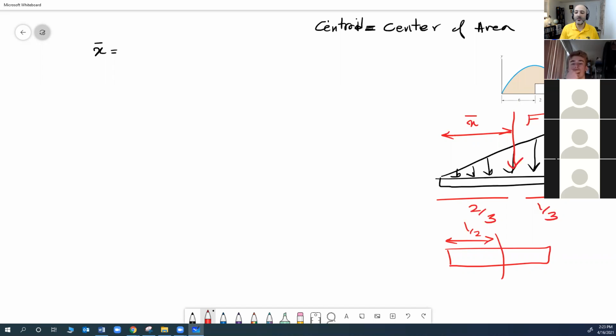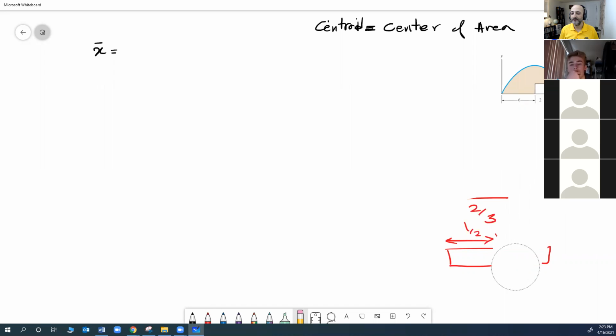But what is the general equation for it? Who remembers the general equation for an area like this? Who remembers centroid?